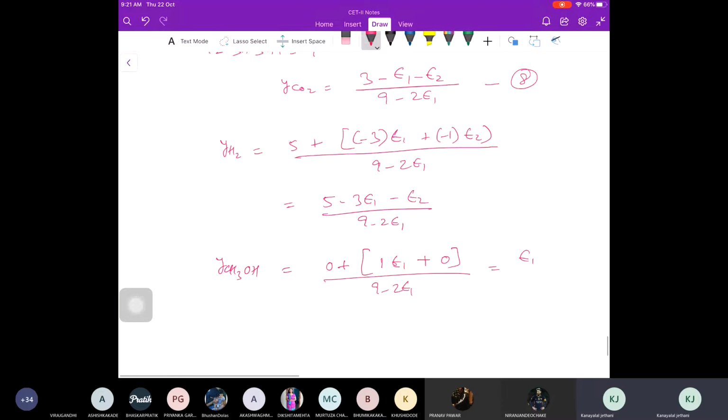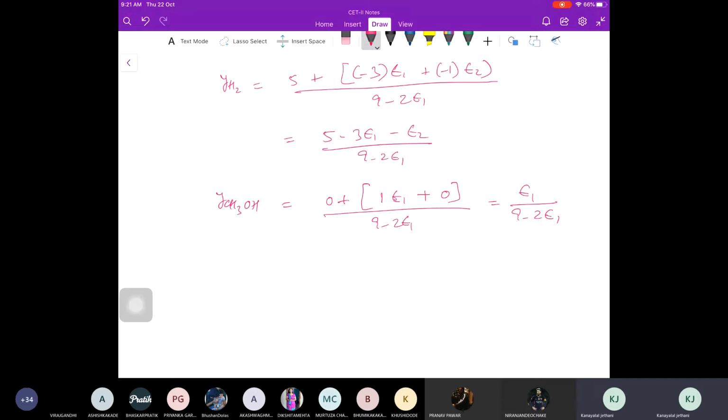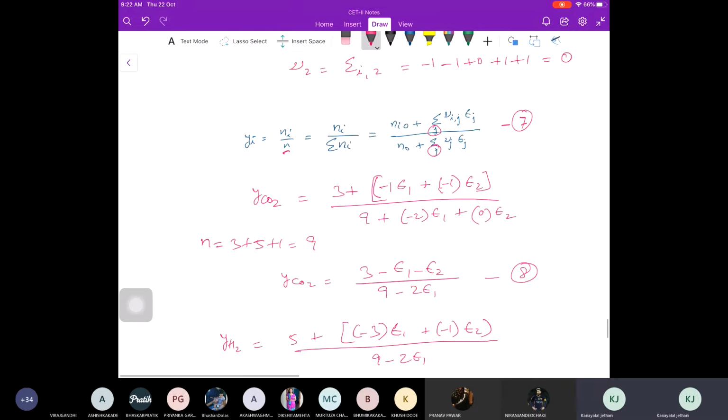So it is epsilon 1 upon 9 minus 2 epsilon 1. Okay? So next component is y of H2O. How much are the initial moles of H2O?